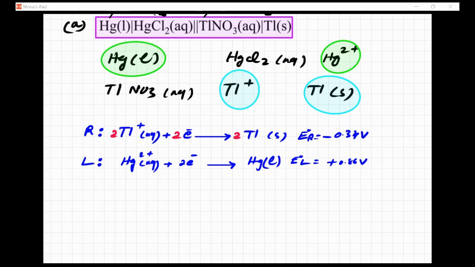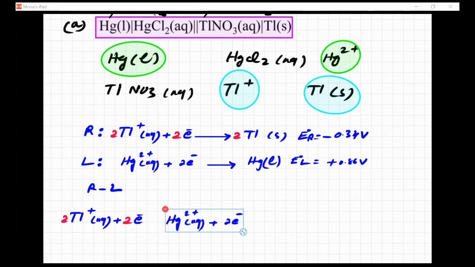Now we have to get the overall reaction, so right minus left. Why? Because I need to write the quotient, and the quotient is written for the overall reaction. So this is what we have. This is the left of the first reaction, and this is the left of the second reaction.